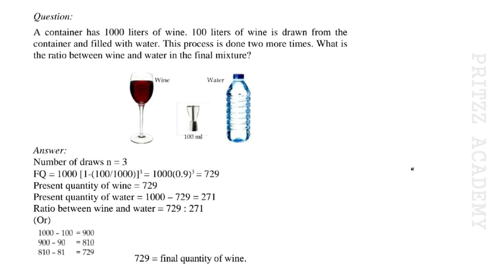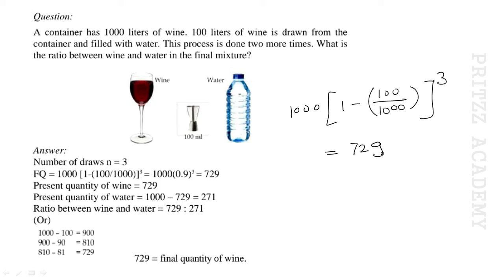How can we use this formula? So what is the initial quantity of wine? This is 1000, and 1 minus the removal, what amount of wine is removed? It is 100 from the initial 1000 liters, and the number of times this process is done is 3, and that's why the answer will be 729.